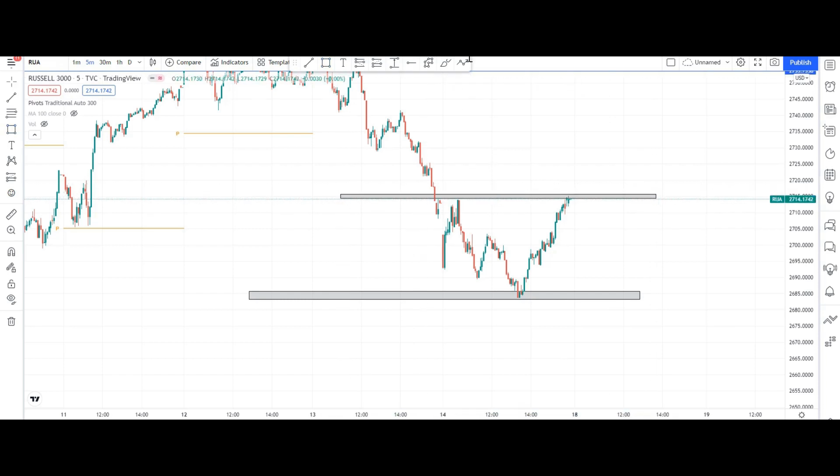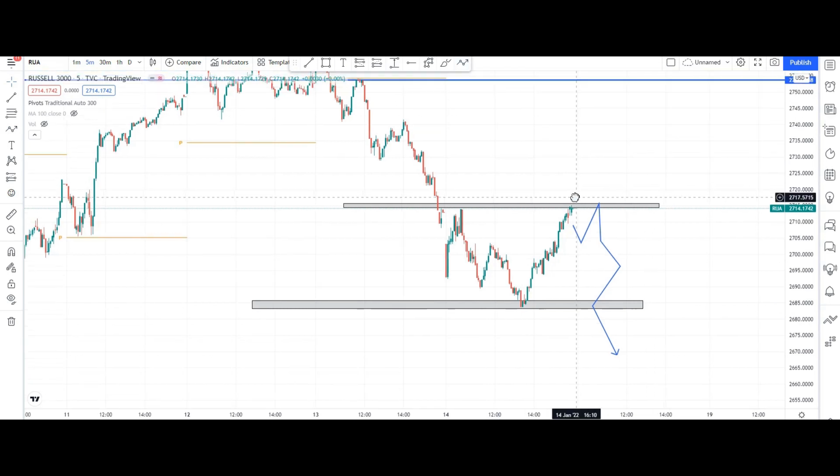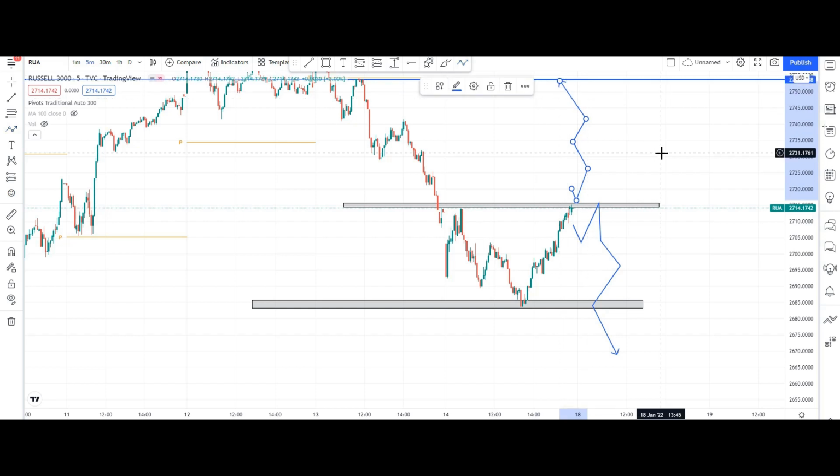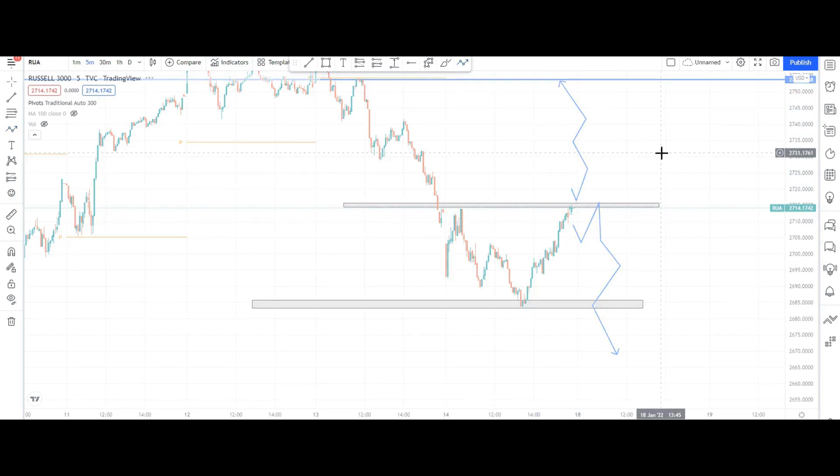Okay guys, so if it takes resistance, your first target, second target, third target, and fourth target. These are the downside. If it breaks upside, okay, this takes support, your first, second target, third target, and your fourth target. These four targets you can surely go for.